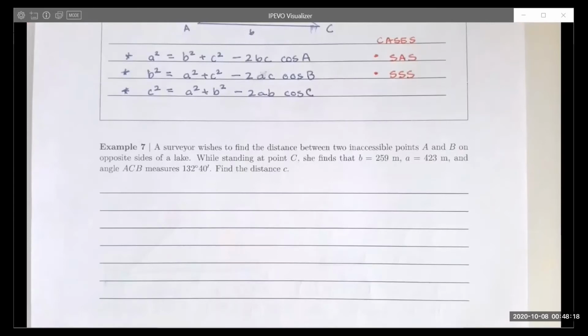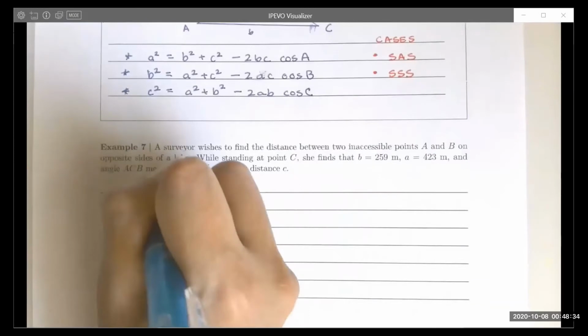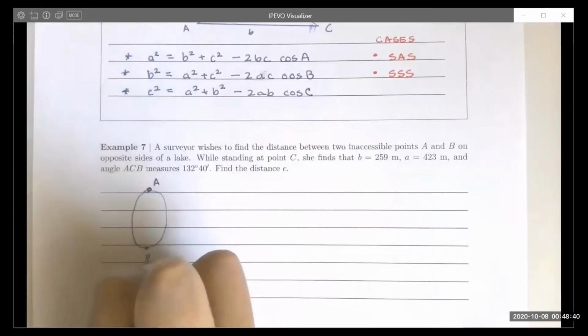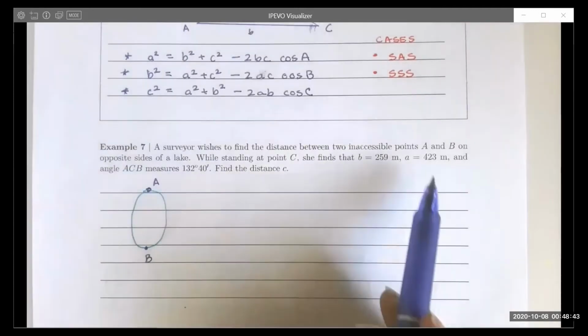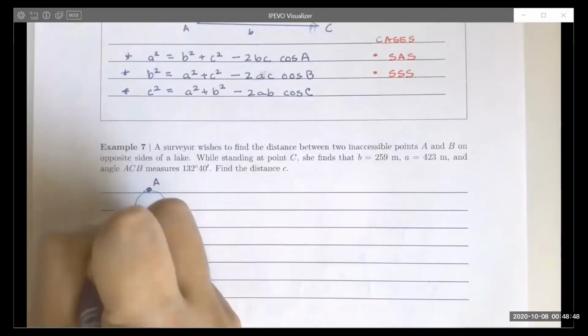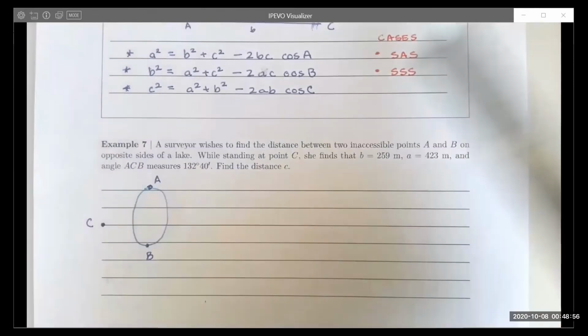Example 7 reads, a surveyor wishes to find the distance between two inaccessible points, A and B, on opposite sides of a lake. Okay, so let's just draw that really quick. We have a lake, and there are 2 points on that lake, A and B. They're not accessible. While standing at a point C, so the surveyor is somewhere at a point C, she finds that side B measures 259 meters and side A measures 423 meters.